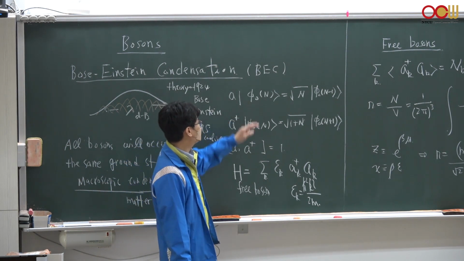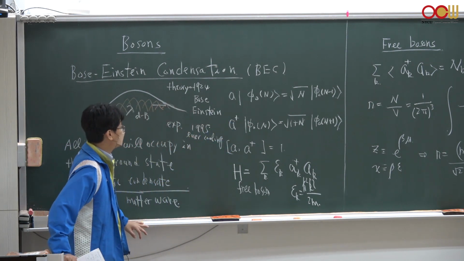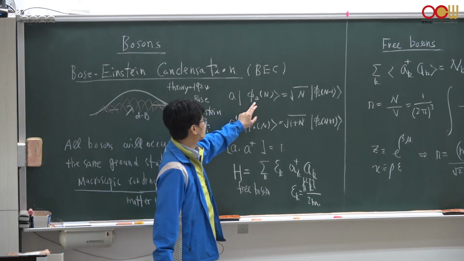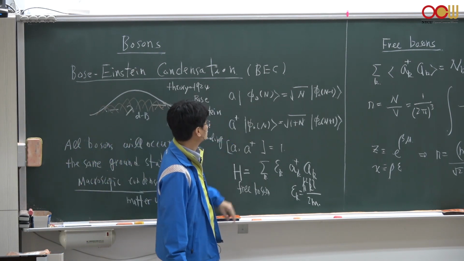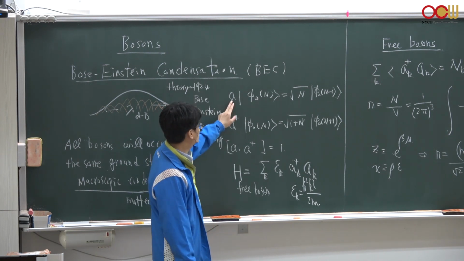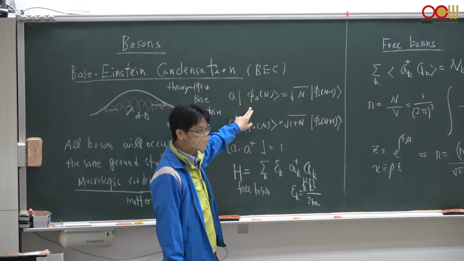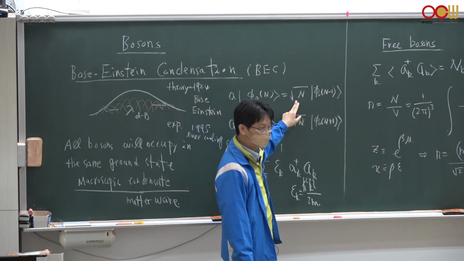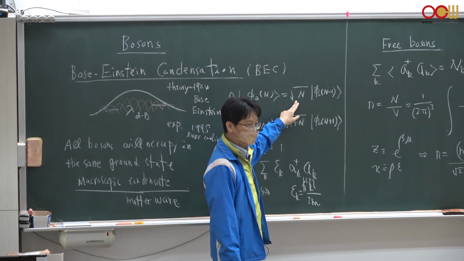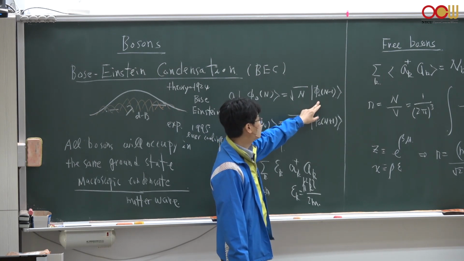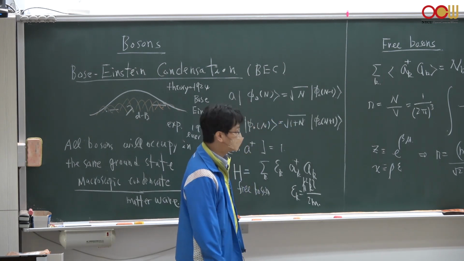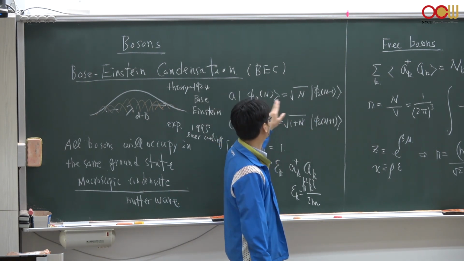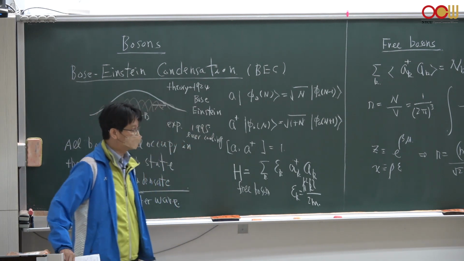Suppose the ground state, which we denote by phi 0, has N bosons, and we destroy a boson in this many-boson wave function. We get square root of N, the prefactor we already derived some time ago, times the many-body wave function of bosons with total number N minus 1, because we already destroyed a boson.